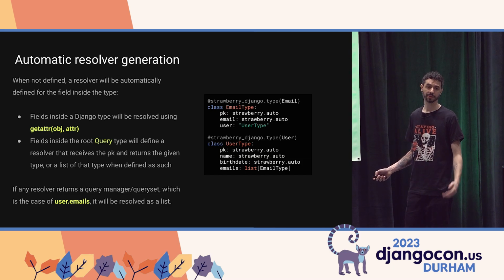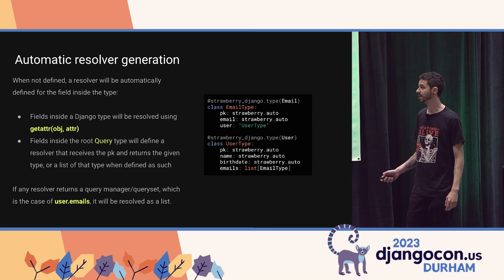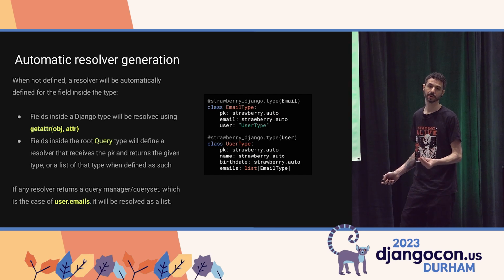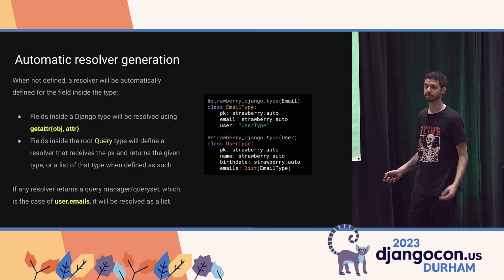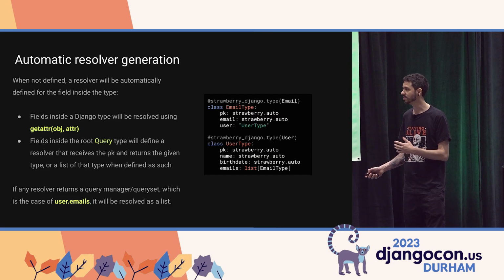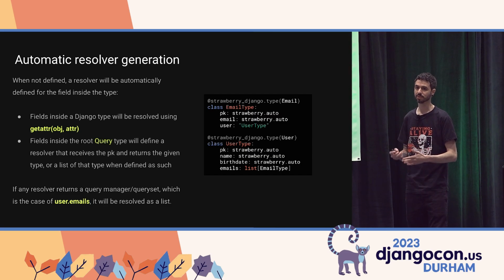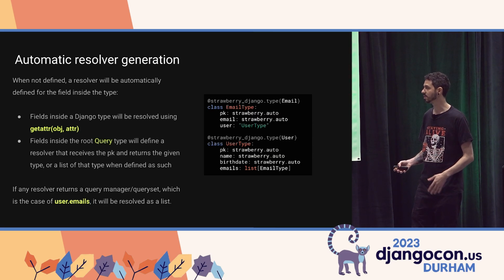And also, as I said before, fields inside the root query will also generate resolvers to return either single results or a list of results, like in this case. This is inside the user type, but it does the same.